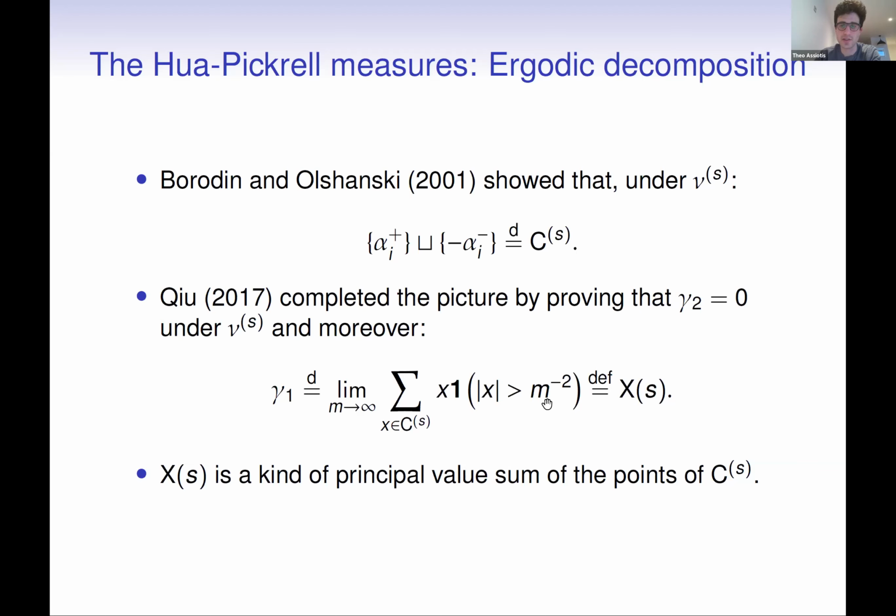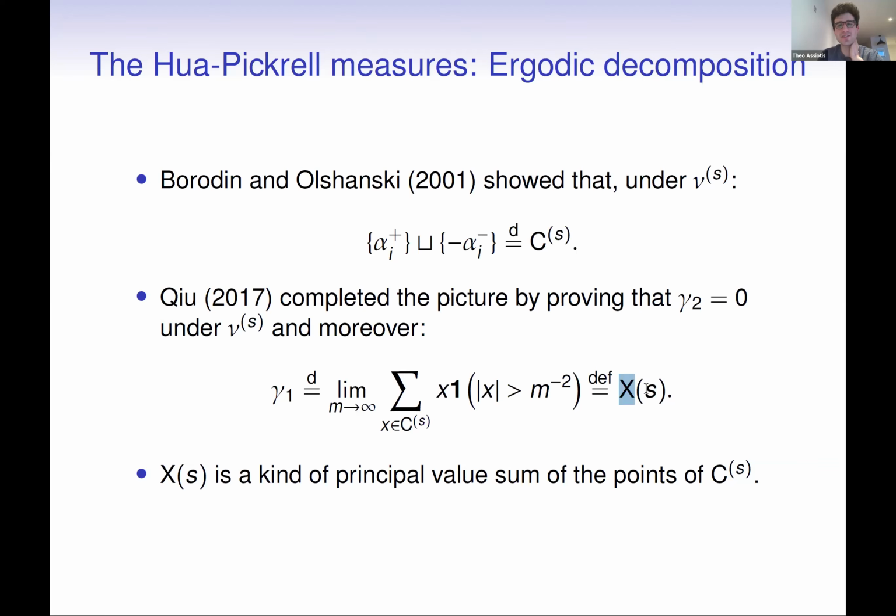So you need to do this, remove the points that are too close to 0, and then yeah, that this limit exists. And this is the random variable that I care about somehow.